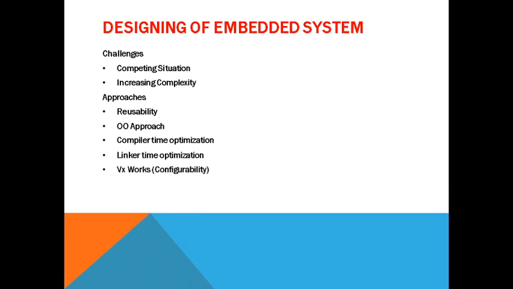Then VxWorks, which is based on configurability. VxWorks is a very popular approach used for real-time operating systems, and we will take a special lecture for this VxWorks. VxWorks contains a feature known as configurability.